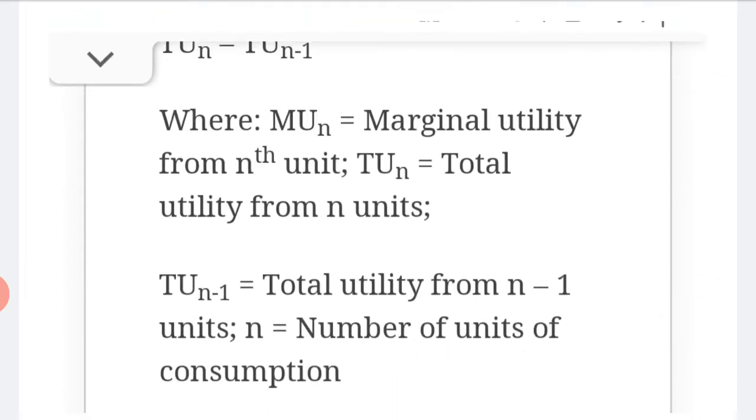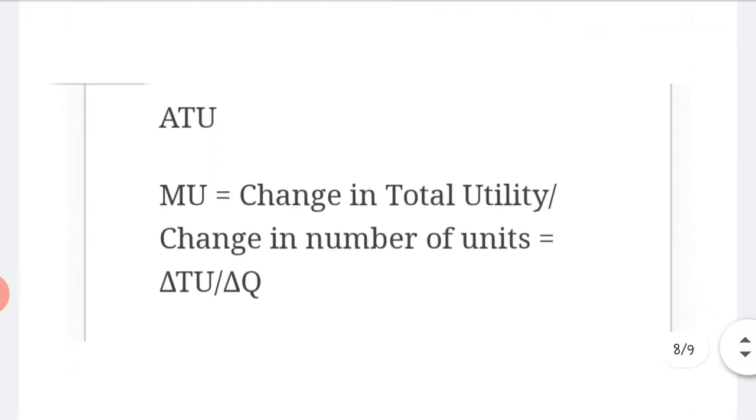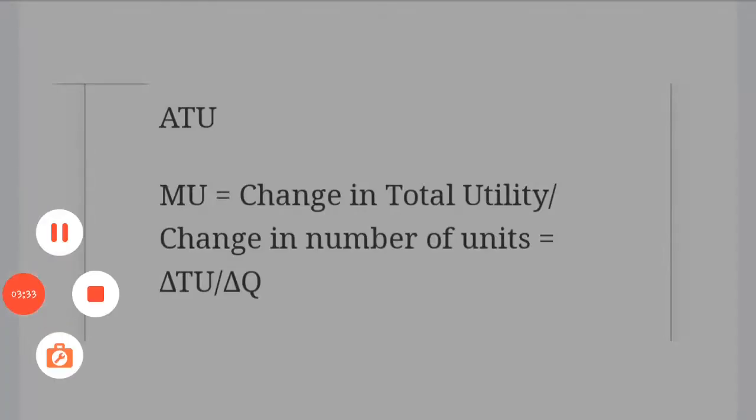And one more formula is given to calculate marginal utility: change in total utility divided by change in Q. We will try to understand all these with the help of numerical examples, very interesting examples.